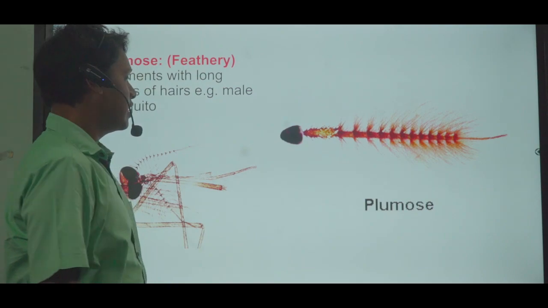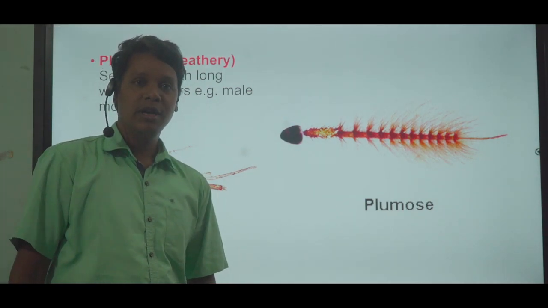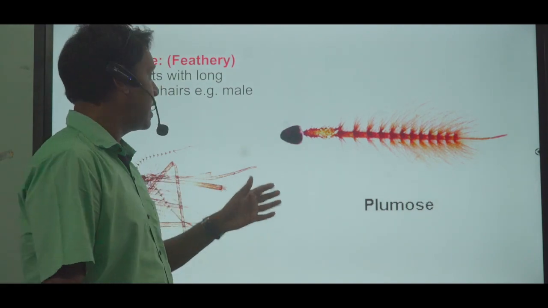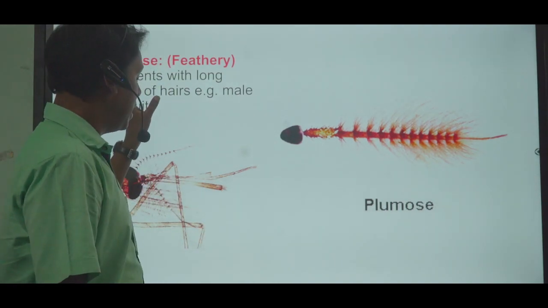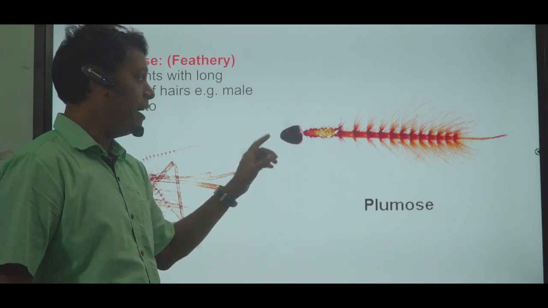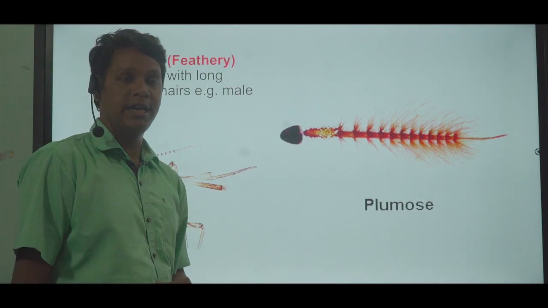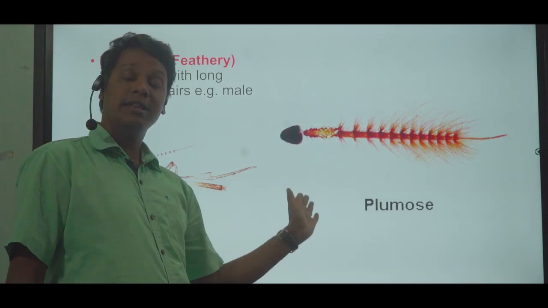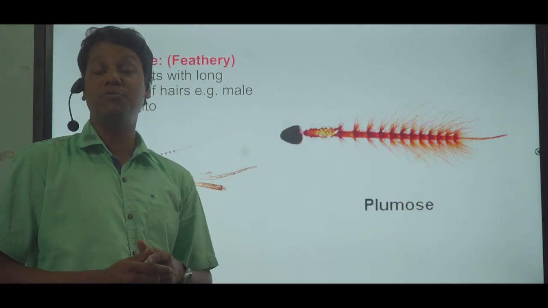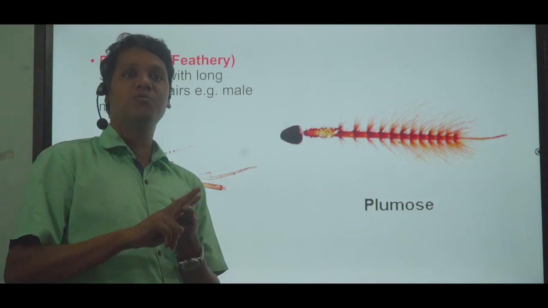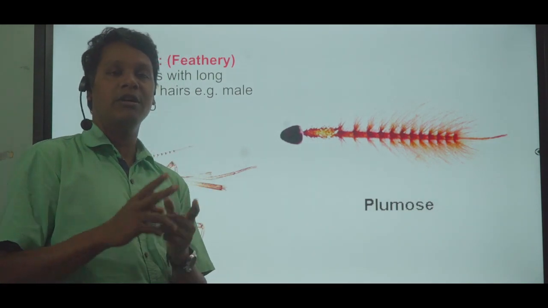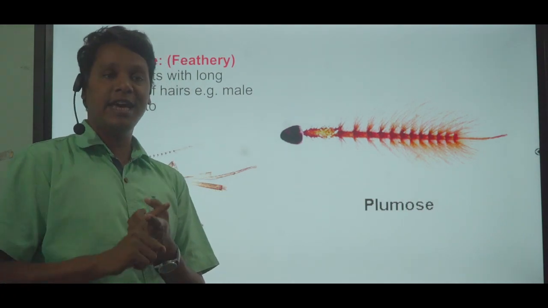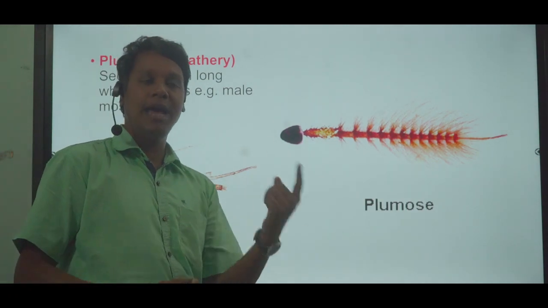Now this is another type, plumose antennae. As we know, the male mosquito has this type of plumose antennae. By observing this antennae, plumose, or the other type, pilose antennae, depending on which type is present, we can identify the sex of that particular mosquito, male or female.